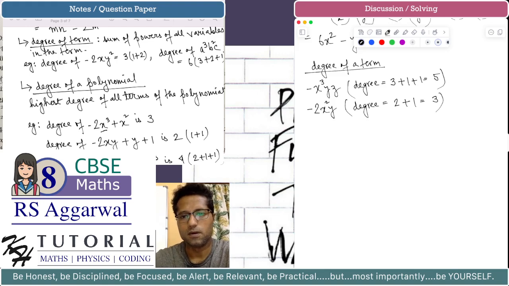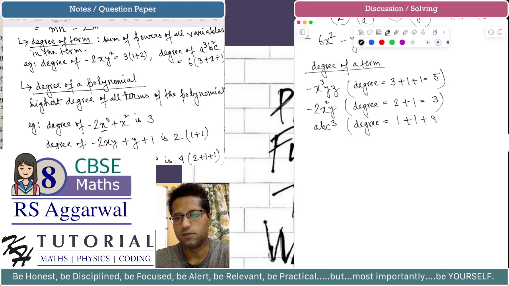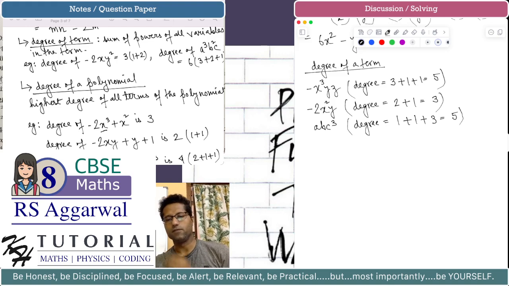Let's say a b c cube. So the degree becomes the power of the variable a is 1, the power of the variable b is 1, and the power of the variable c is 3. So this becomes 5. So this is how we find the degree of a term.